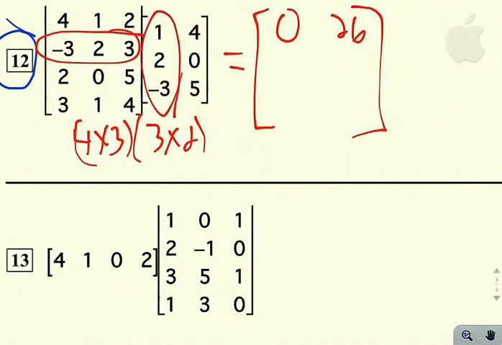Now the second row times the first column. The first numbers would be minus 3, second number is 4, third number is minus 9. So you're going to get minus 8. Oops. Yes, minus 8.